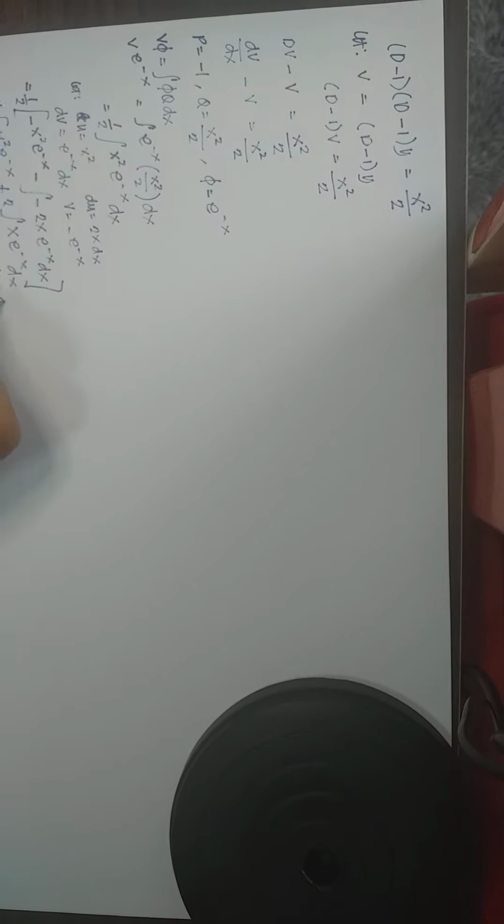We have u is equal to x, dv is equal to e to the negative x dx. Your du is dx, and your v is equal to negative e to the negative x. So we have 1/2 times negative x squared e to the negative x.